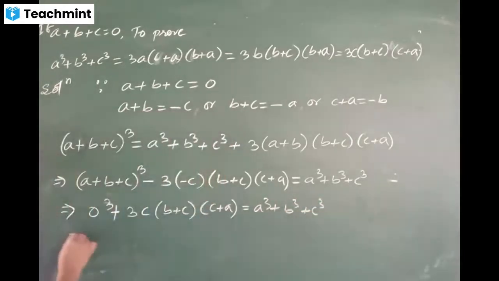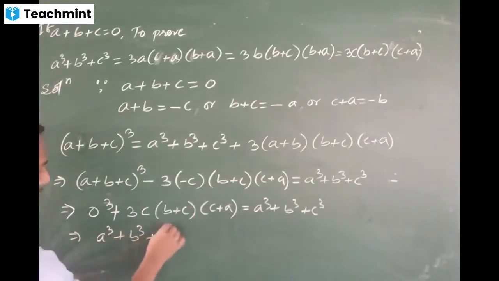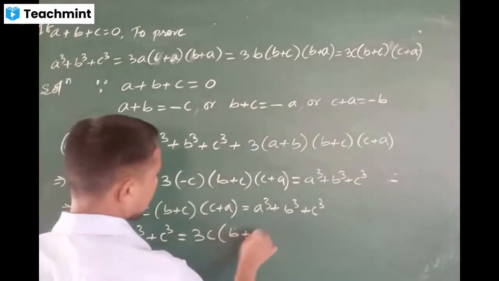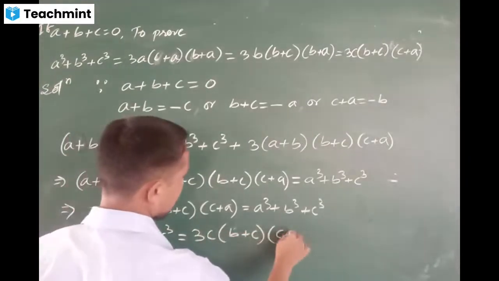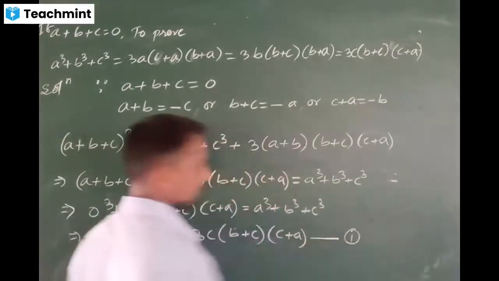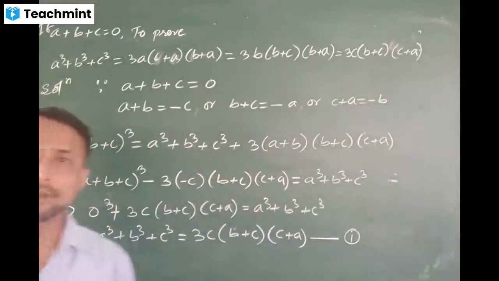Or it can be written as A cube plus B cube plus C cube is equal to 3C into B plus C into C plus A. Let us take this as equation 1.